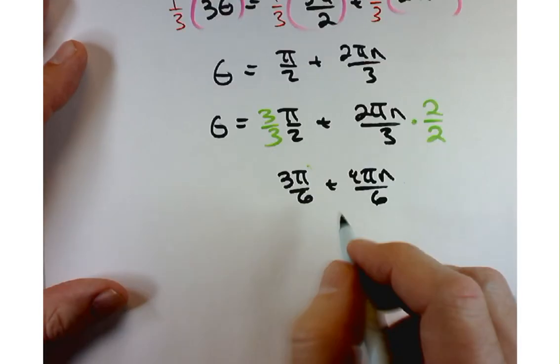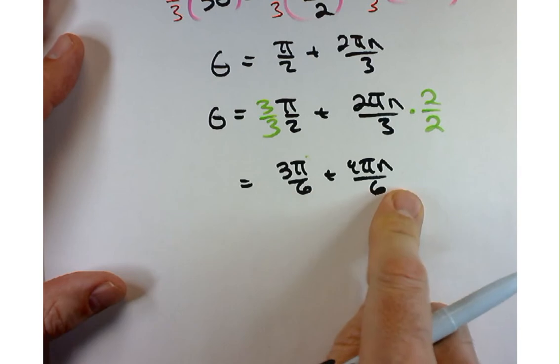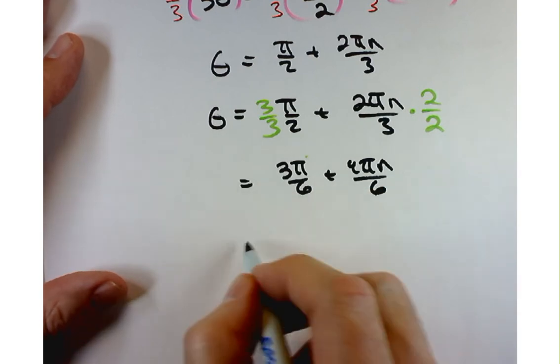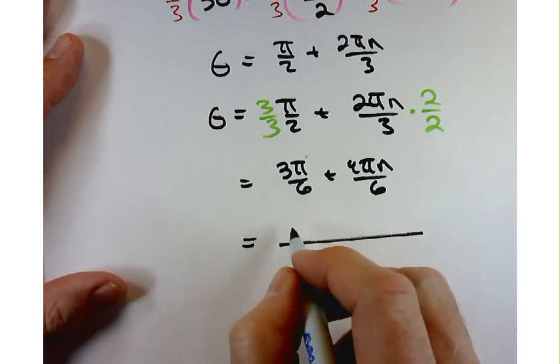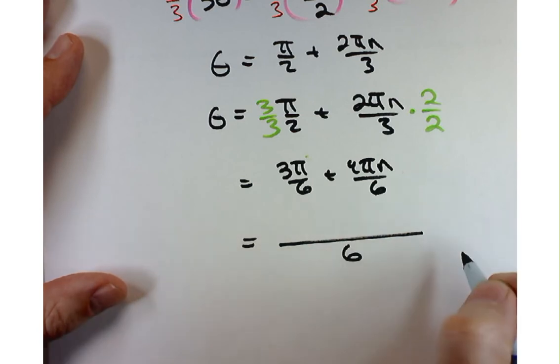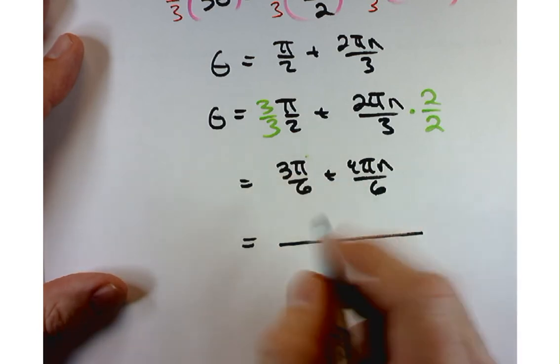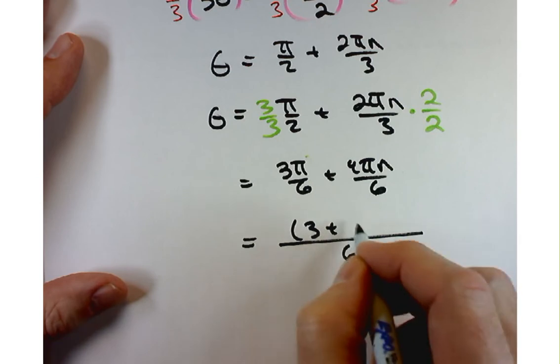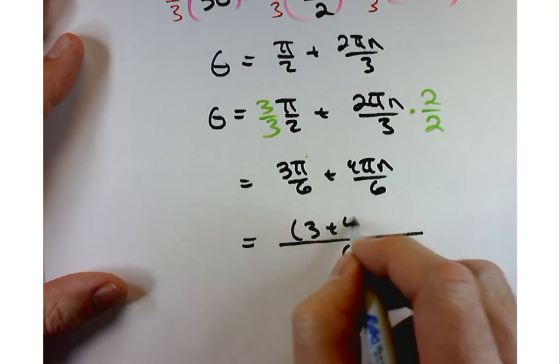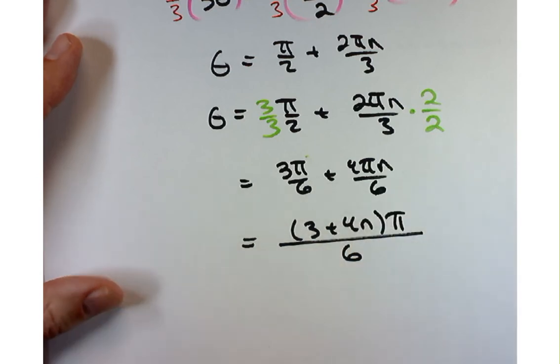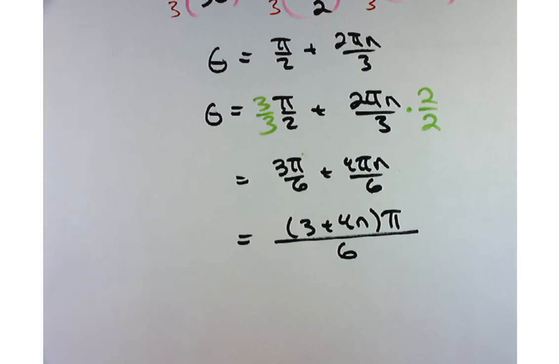And great. These have common denominators. So let's bring that together over 6. And I'll factor out the pi. It's going to be 3 plus 4n times pi. Beautiful.